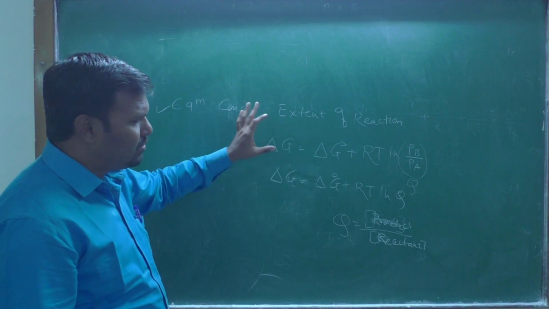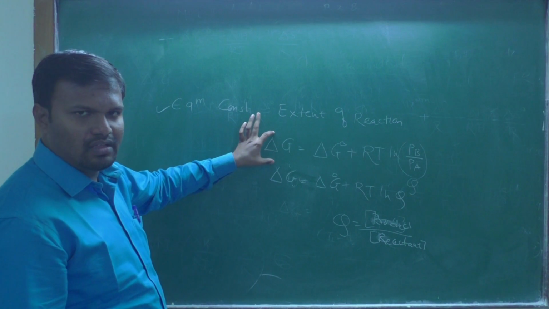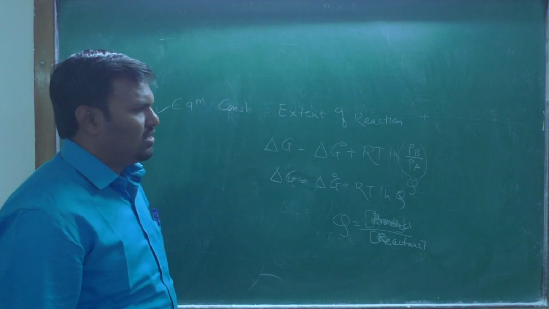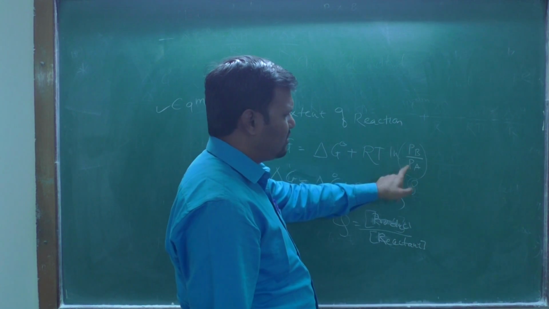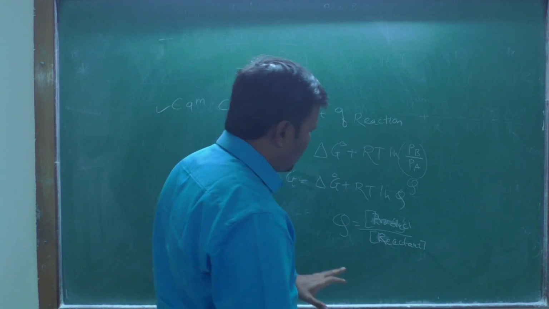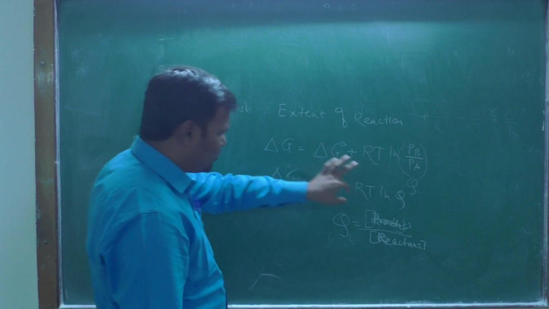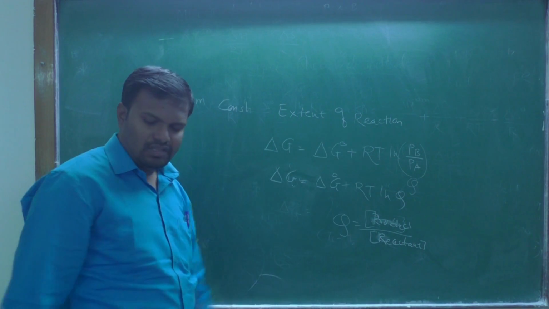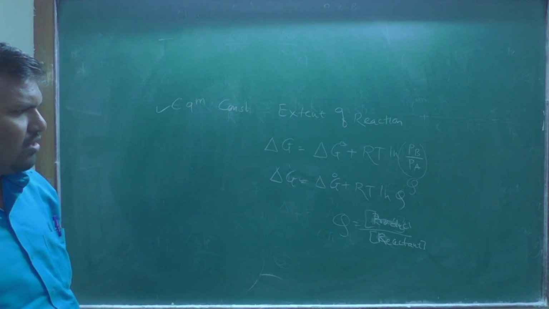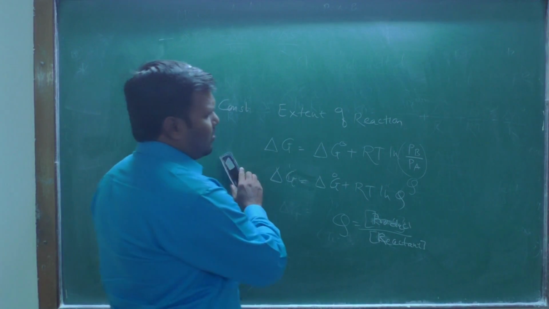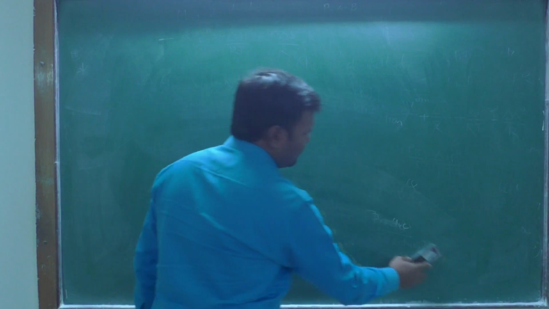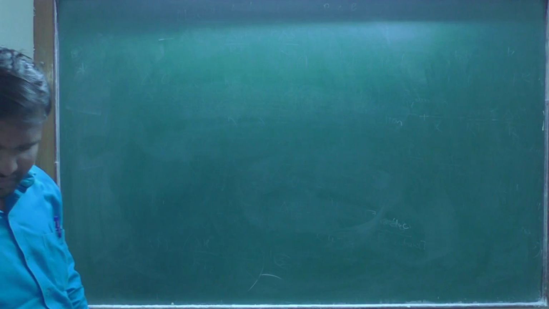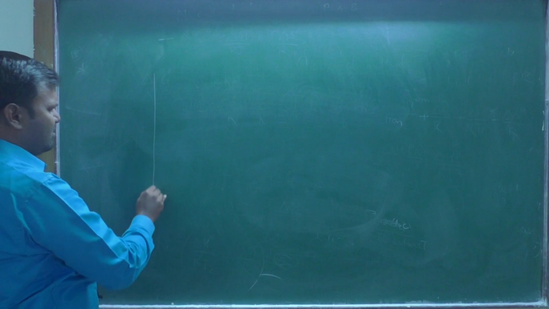When delta G is 0, it means equilibrium is obtained. Therefore, the change in free energy depends upon the partial pressure and the concentration, because Q is included in this equation.